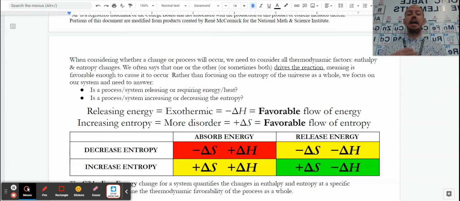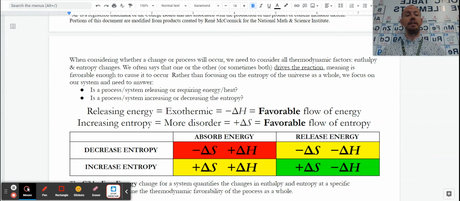From a heat, enthalpy, temperature change sense, exothermic reactions are more favorable than endothermic. With endothermic, we have to have enough energy to put that in or that they can absorb it. Less favorable. From an entropy sense, we just talked about that increasing the randomness, increasing the disorder, or having a positive delta S is more favorable. So an increase in entropy is more favorable.